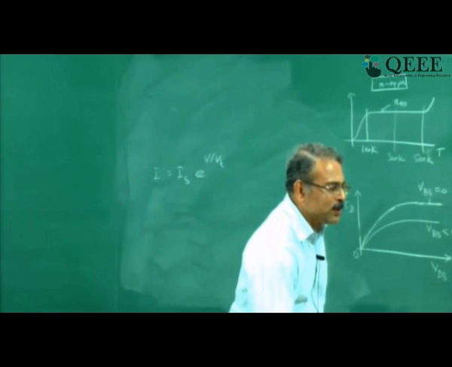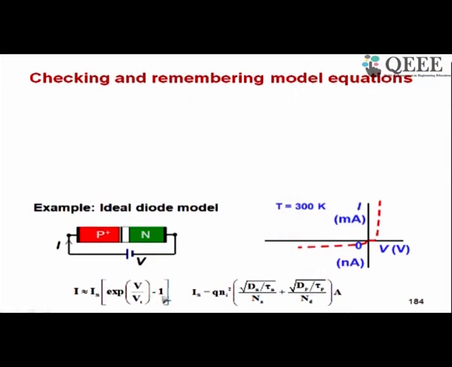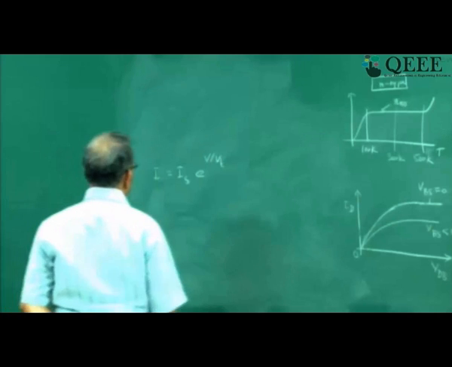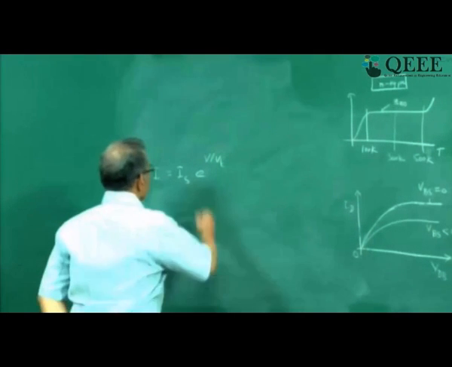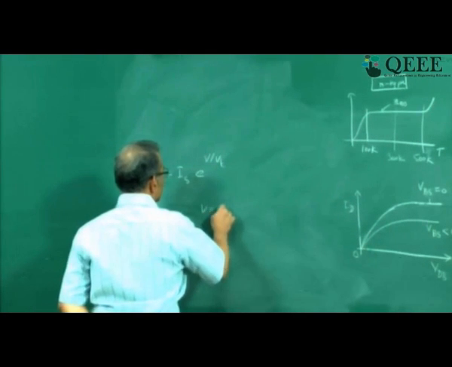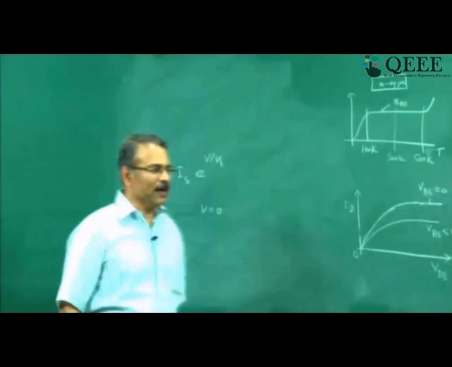So they will not put the term 1 here, this one will be missing, and they will write the equation as I equal to Is exponential V by Vt. Now suppose we write an equation like this and then we want to check is it right. How do we check? Supposing I put V equal to 0, so what we should do is check the equation for limiting cases.